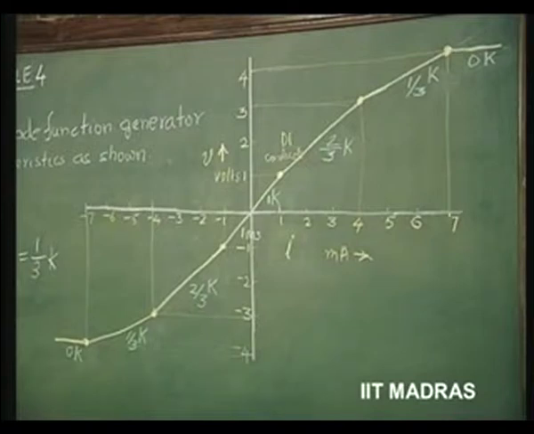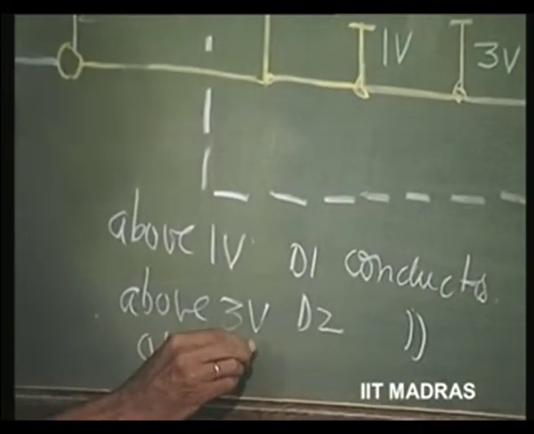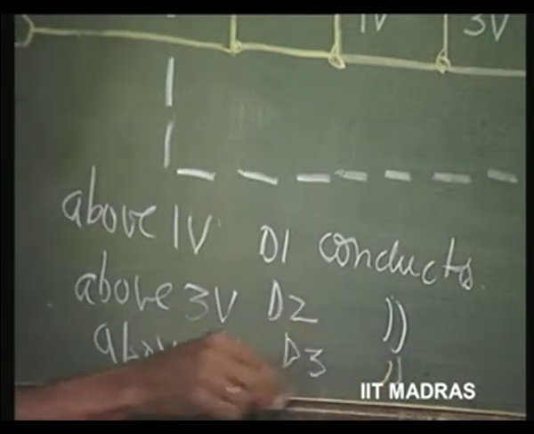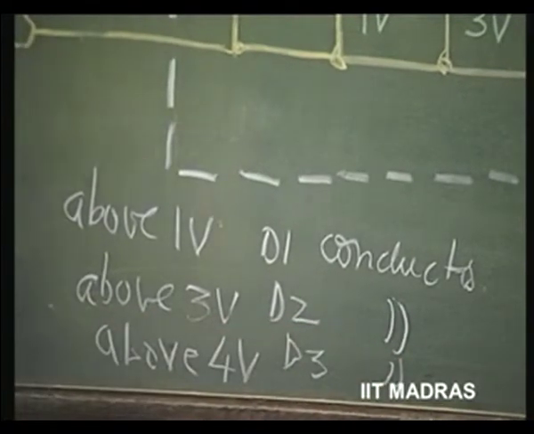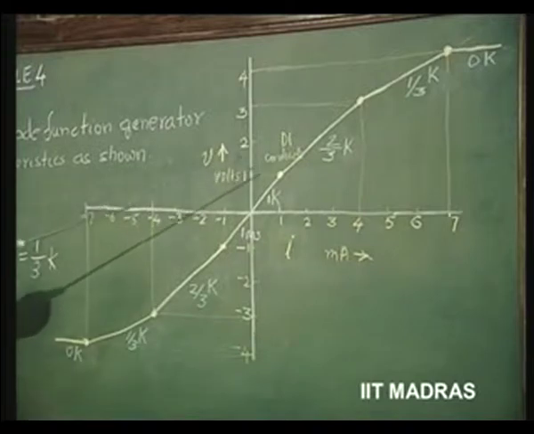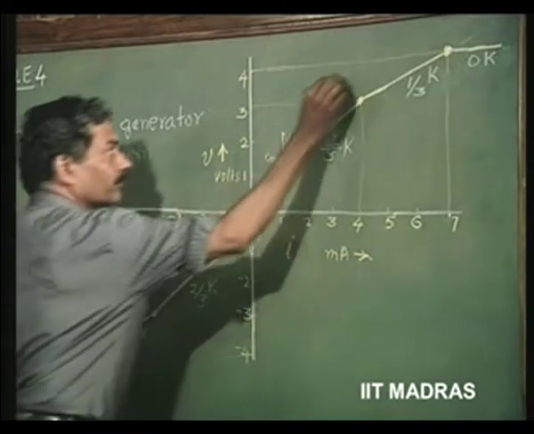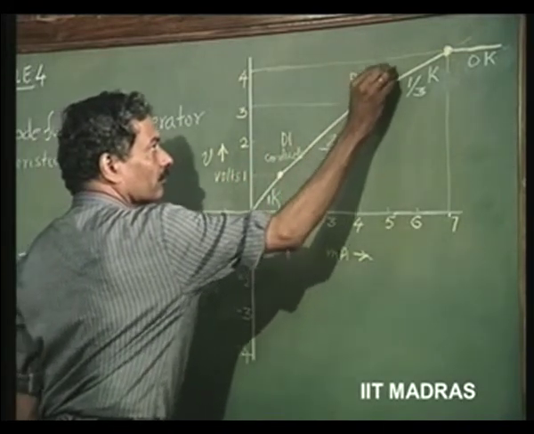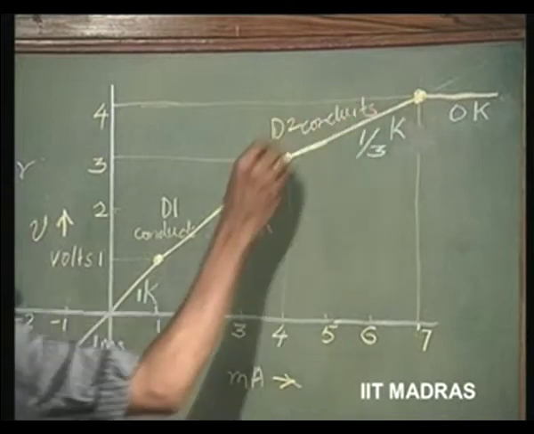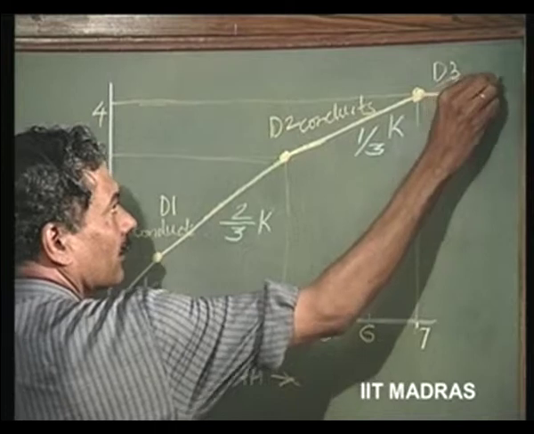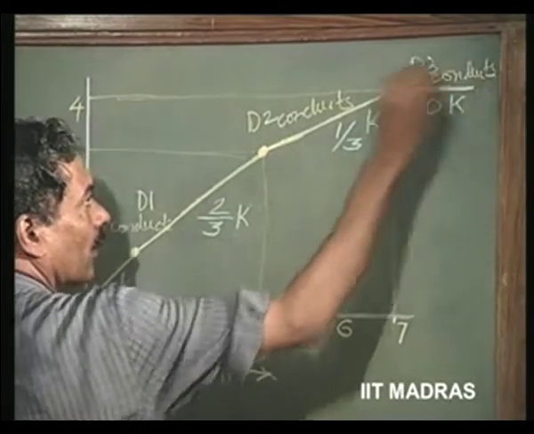Let us now consider, again for completion, above 4 volts D3 conducts. So, we have this story here: D1 conducts above 1 volt, D2 conducts above 3 volts, D3 conducts above 4 volts.